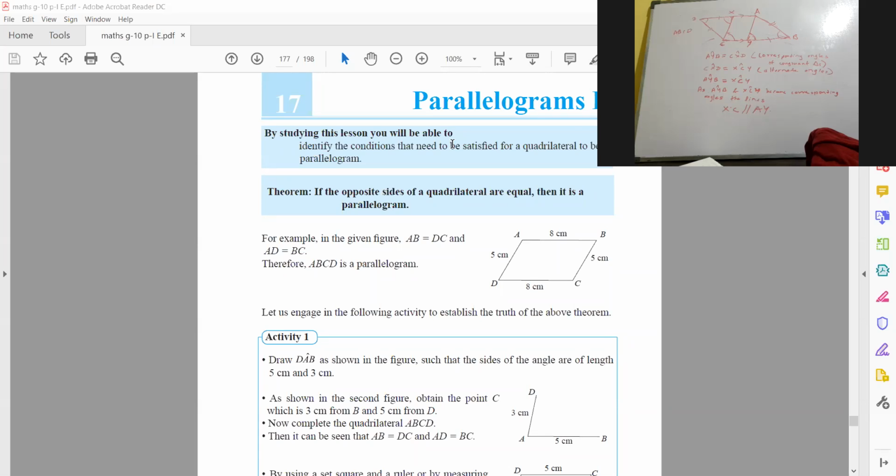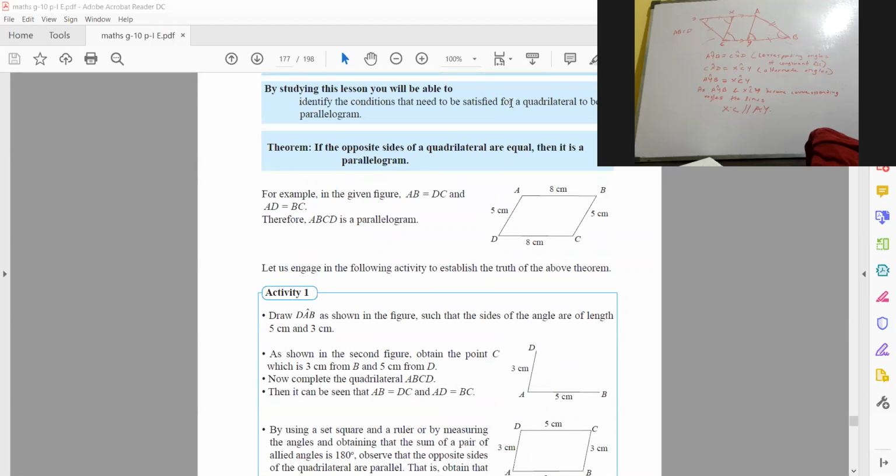In the second lesson, we are going to identify parallelograms. That means when a diagram is given to you, you must be able to identify whether a parallelogram is in the diagram. That is the aim of this lesson. The theorems are the same as the first lesson.